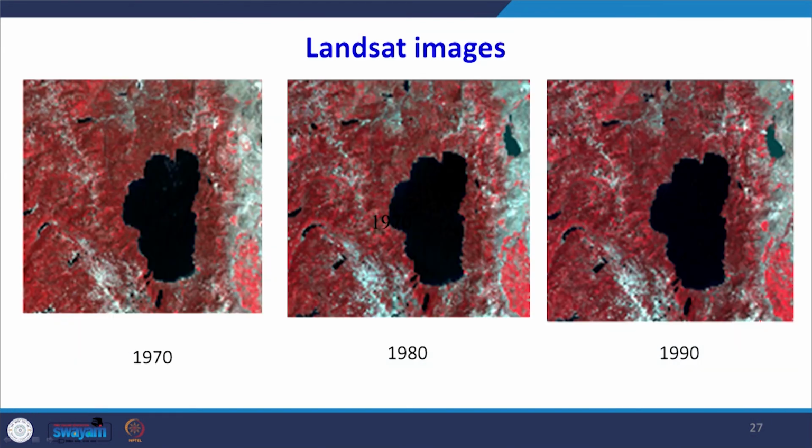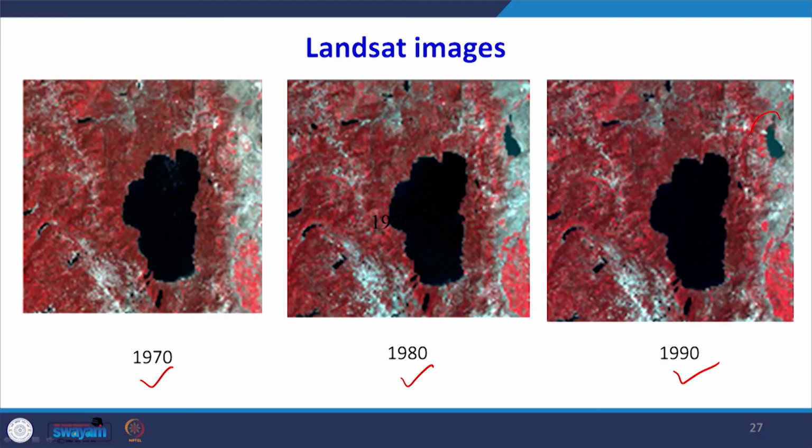Now, temporal data from the same sensor, from the same satellite. So Landsat images from the same sensor, but taken in 1970, in 1980 and in 1990, every 10 years. What are the changes which have taken place in the area? If we would like to carry out that change analysis, such images are very useful, and they can tell us whether the water body is shrinking or expanding.